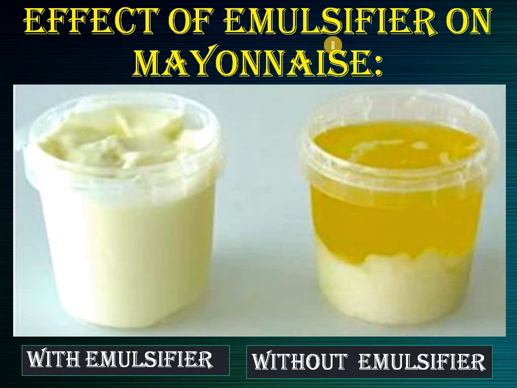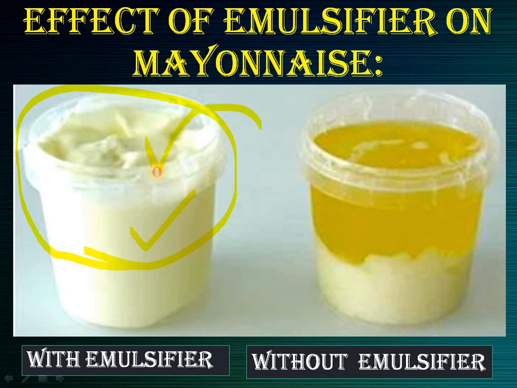This is the effect of an emulsifier on mayonnaise. This is the mayonnaise sauce which we use to have with momos. This mayonnaise looks like this, what we usually have, because of the presence of emulsifier. But before the addition of emulsifier, this mayonnaise looks like this.